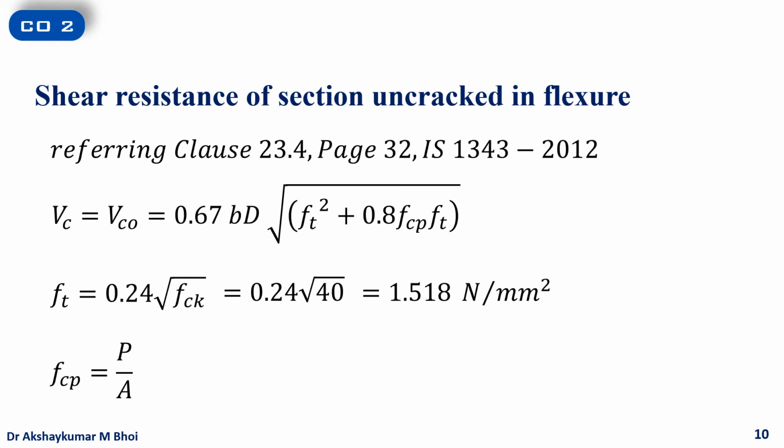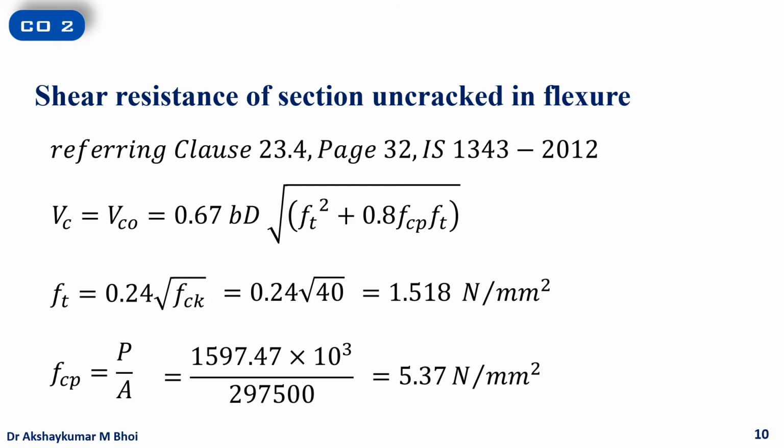fcp is the direct compressive stress due to pre-stress alone, which can be calculated by the formula fcp equal to P by A. So if we put the value of pre-stressing force and the concrete area of cross section, we get fcp as 5.37 Newton per mm square. b here is the width of the web and the capital D stands for the overall depth of the section.